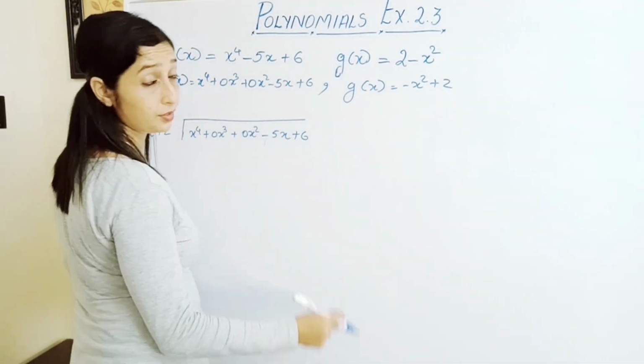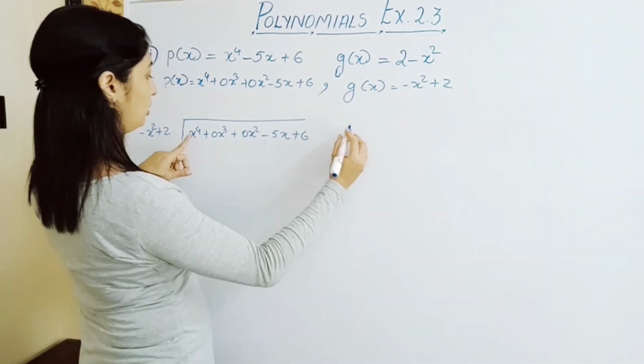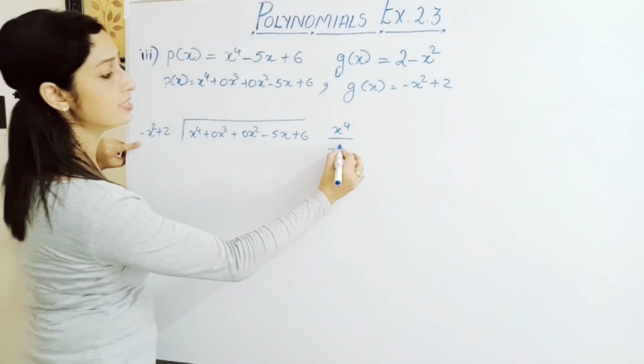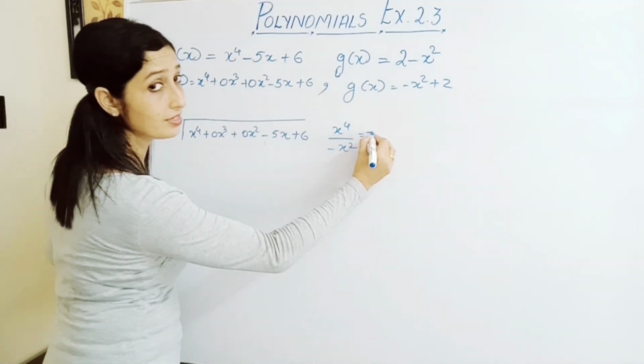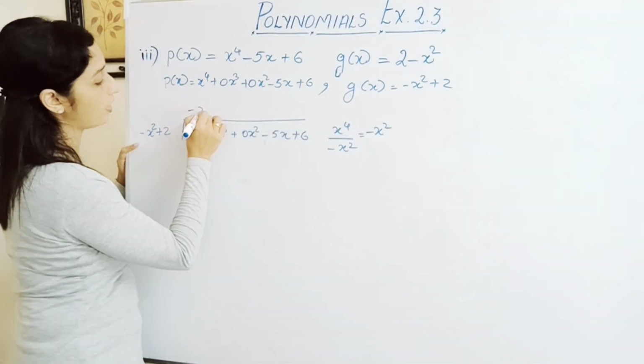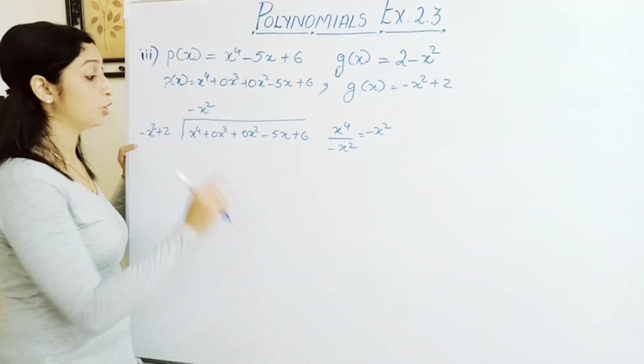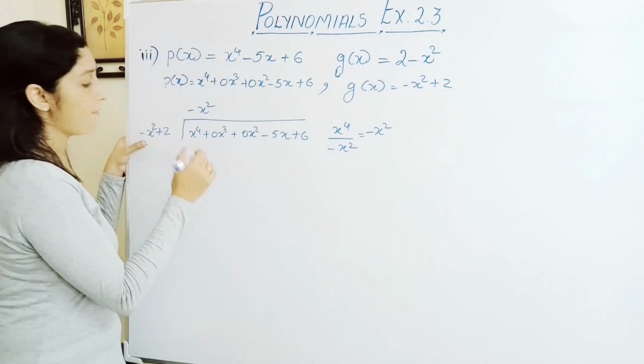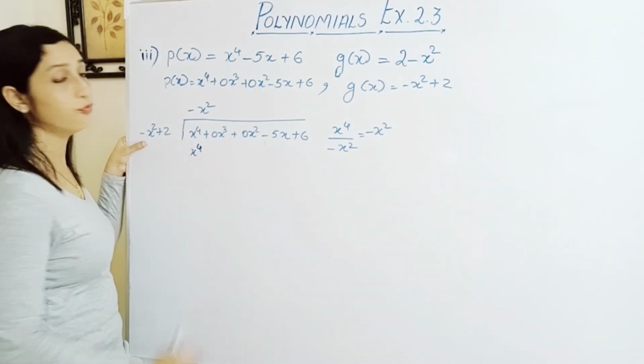Now how do you get the first term of the quotient? You divide x raised to 4 by minus x square. What do you get? Minus x square. So you write minus x square here. Then what do you get here? Minus x square into minus x square is plus x raised to 4.